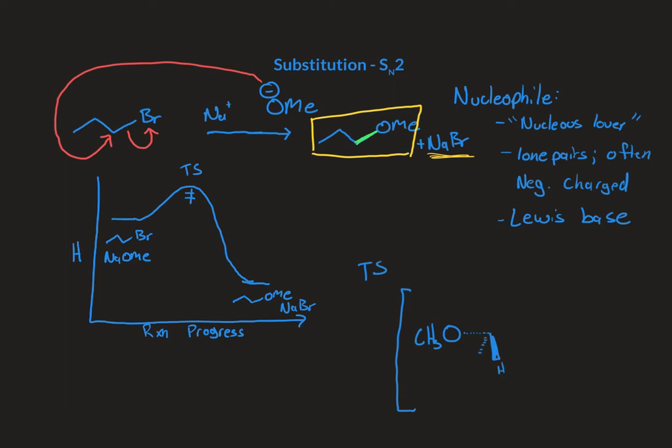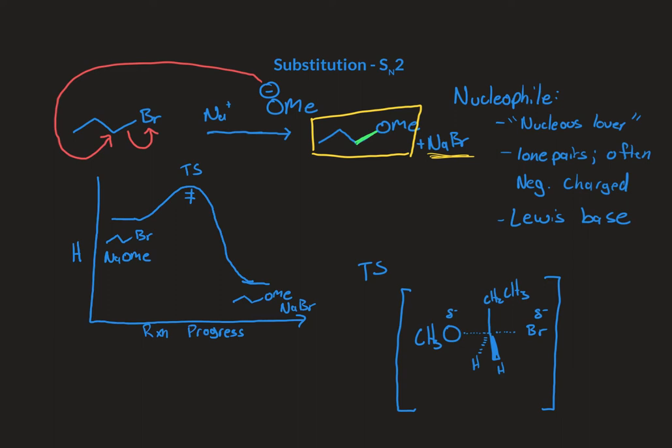Remember, there are two hydrogens attached to that propyl bromide. And then this was the CH2CH3 dangling off. And the Br bond is breaking at the same time as the CH3O bond is forming. And so there's going to be a slight partial negative charge on that oxygen and a slight partial negative charge on that bromine as these bonds form and break.